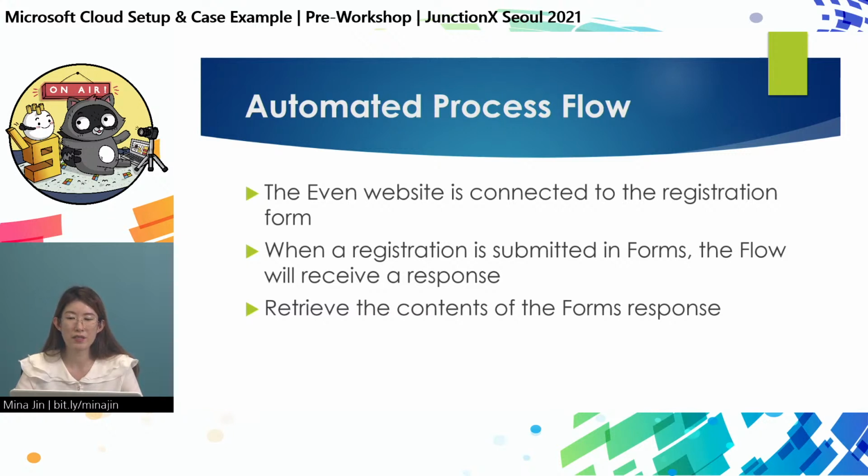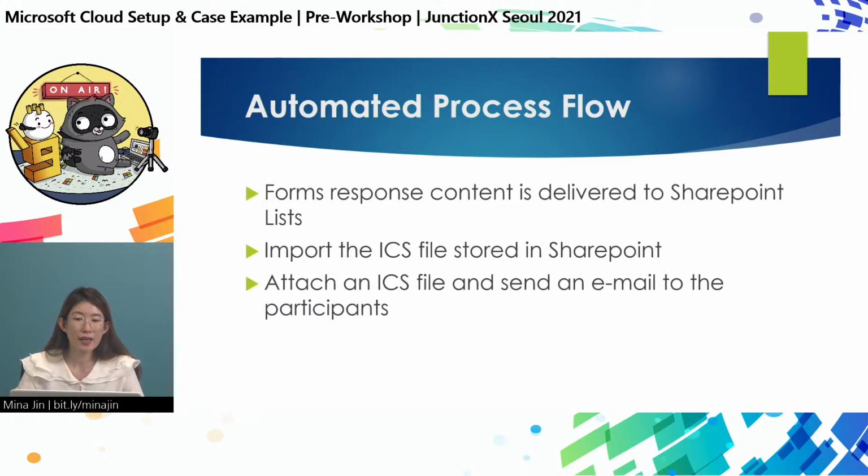When registration is submitted in Forms, the flow will receive a response and retrieve the contents of the form's response. In the following process, the flow delivers the form's response contents to the SharePoint list. With the ICS file stored in SharePoint imported, the flow automatically sends a participation email to all attendees.